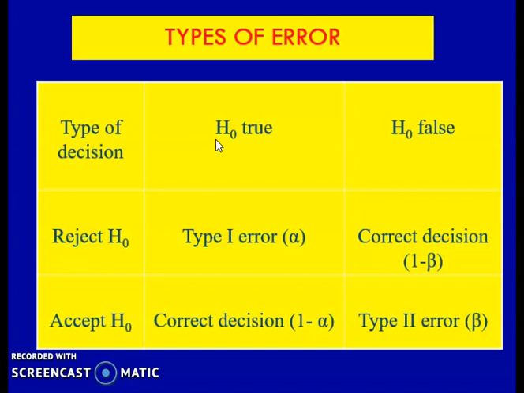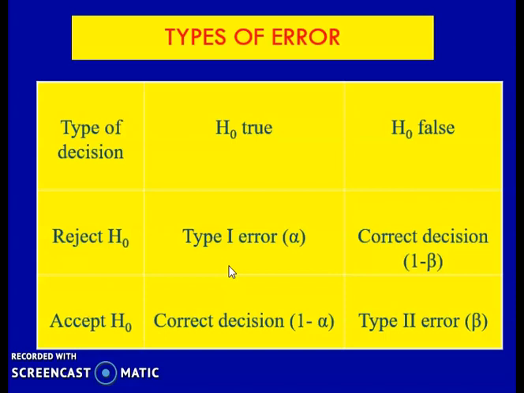So when an error occurs, there are type 1 and type 2 errors. When the null hypothesis is true, and you reject it, that becomes a type 1 error. It means I try to prove what I am thinking. If I think there is a positive impact in virtual classes, it's my assumption and I'm trying to prove it.